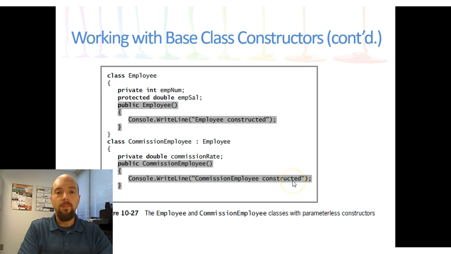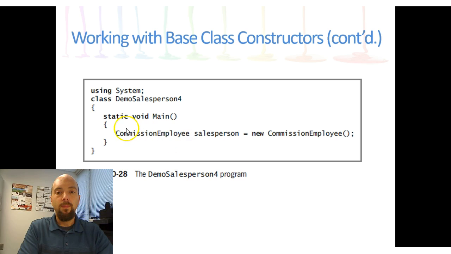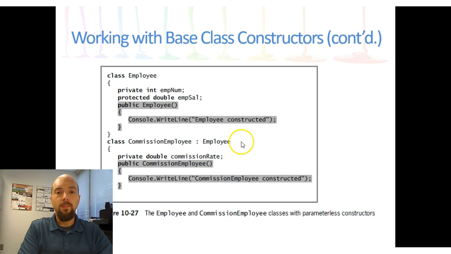So if I create a section of code that says, hey, create a new commission employee and call it salesperson, notice this over here says new commission employee. This is using our constructor. So now the system will turn around and perform this section of code. But because the commission employee is a type of employee, it will actually run the constructor for the employee first.